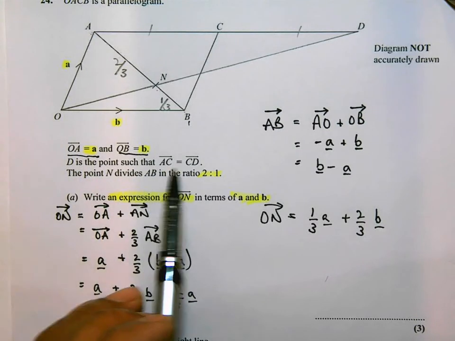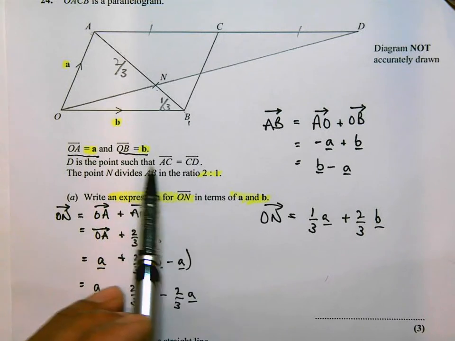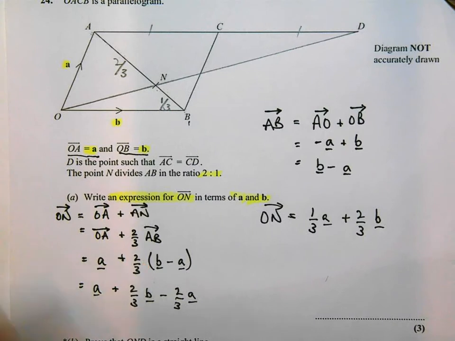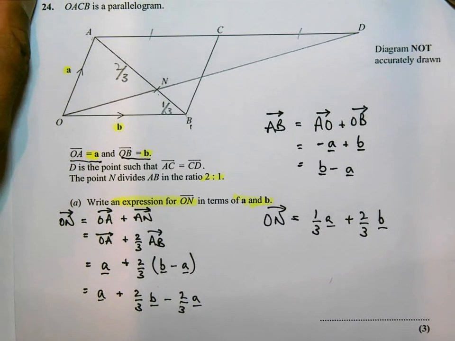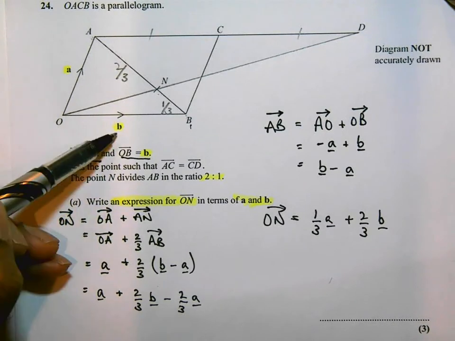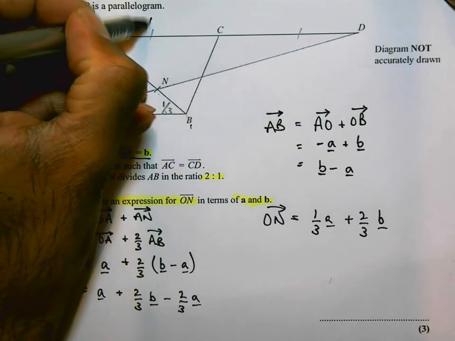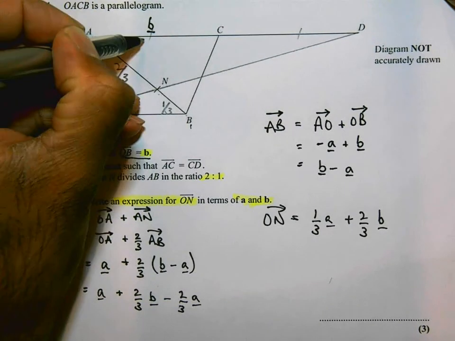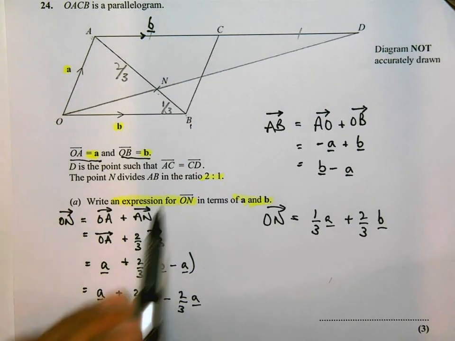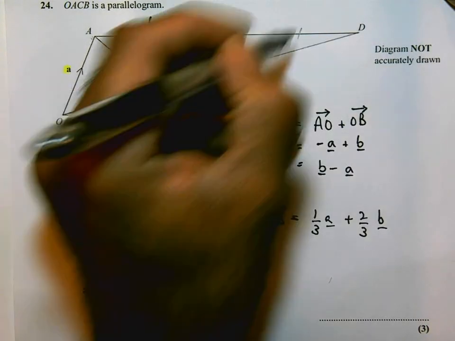AC is this vector here. And because this is a parallelogram, opposite sides are both parallel and in the same direction, and they're the same size. So if that there is B, that means AC is also B. And if AC is B, because AC is equal to CD, CD is also B.